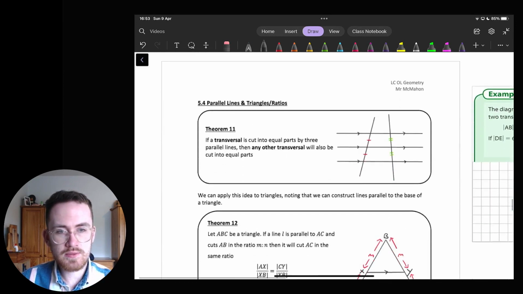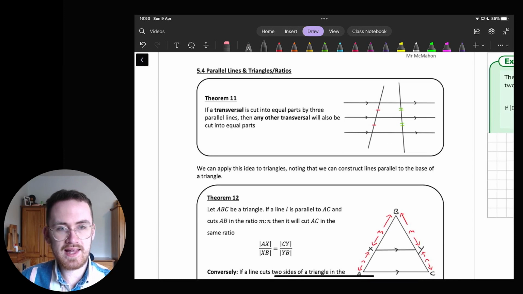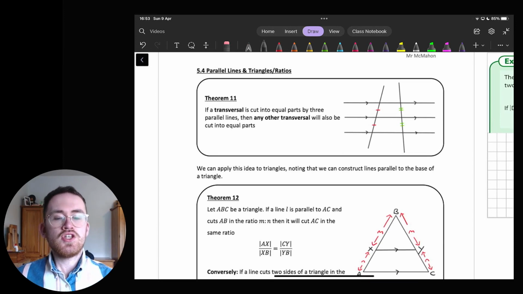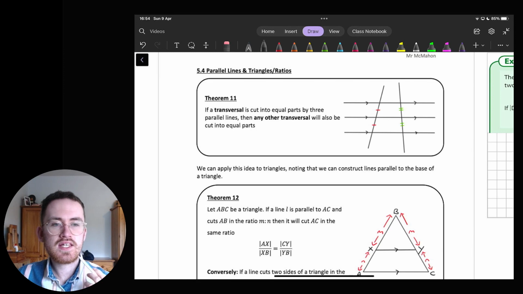I'm going to do those in a separate video. We're just going to quickly look at this rule with parallel lines and how that relates to our triangles. The theorem here is that if a transversal, which is any line that cuts across more than one line, is cut into equal parts by 3 parallel lines, then any other transversal will also be cut into equal parts.